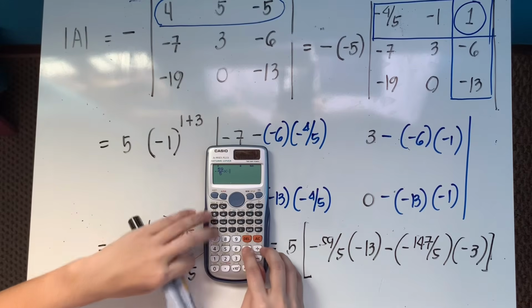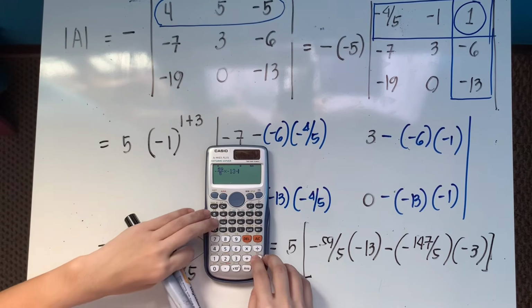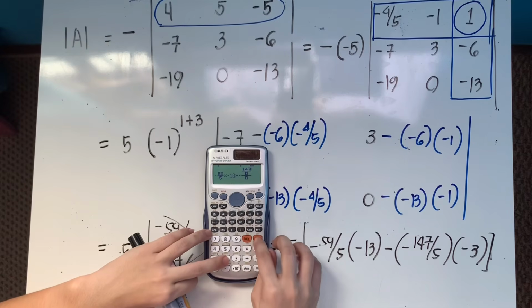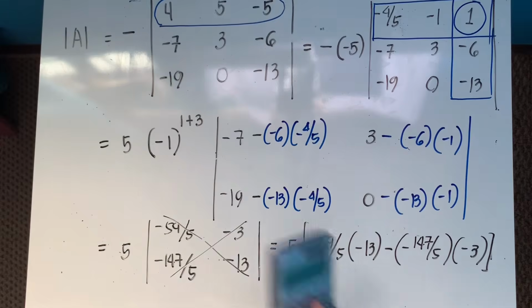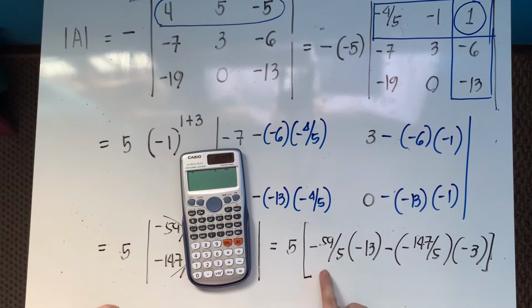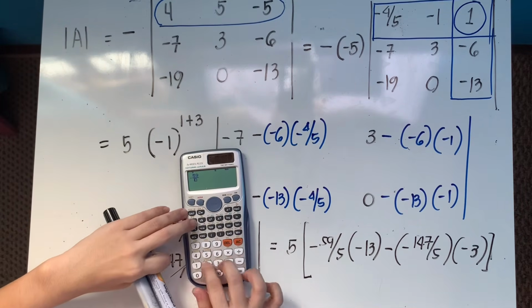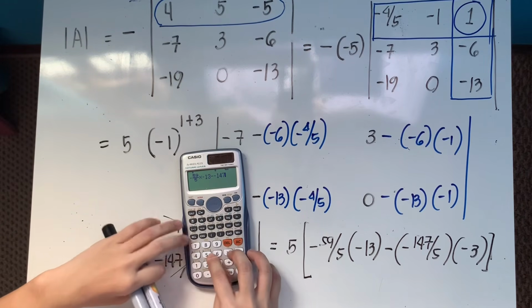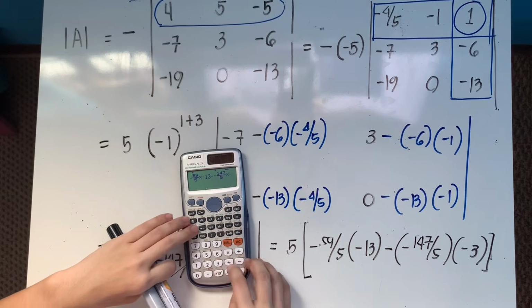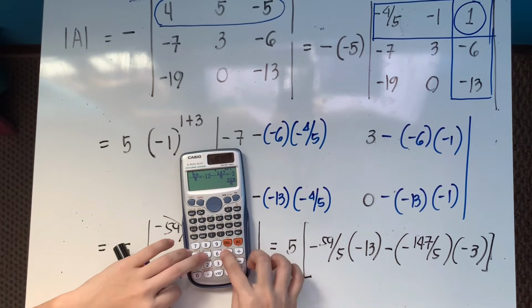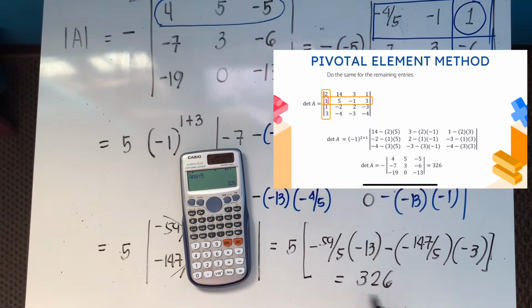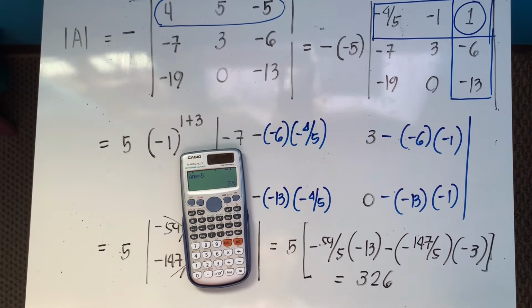Now, let's use our calculator to get this answer. So, you have negative 59 over 5 times negative 13 minus negative 147 over 5 times negative 3. Our answer multiplied by 5, we get our determinant, which is equivalent to 326. And this is similar to the answer in our PowerPoint presentation. And that's how you do your pivotal element method.